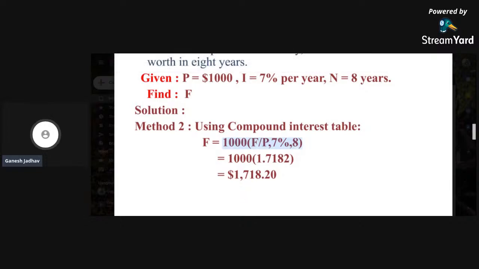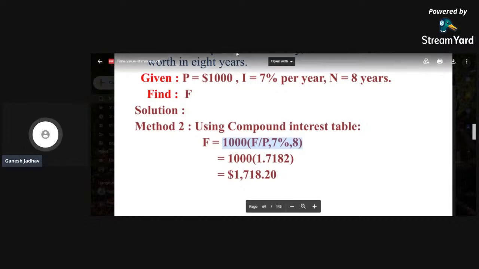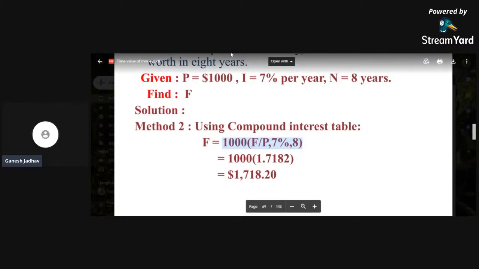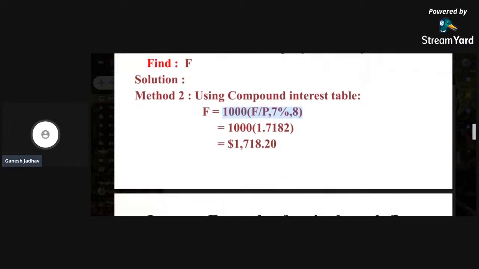Then you require your compound interest factor, that is F divided by P, with interest of 7% and n equal to 8. So you can calculate your future value.